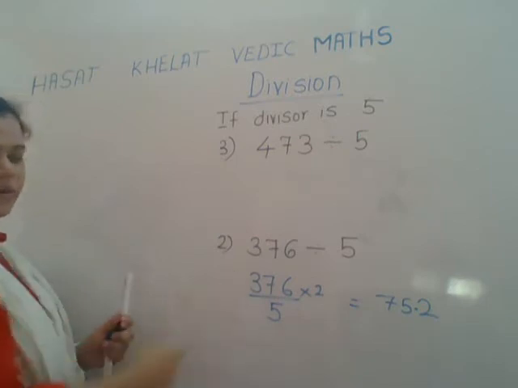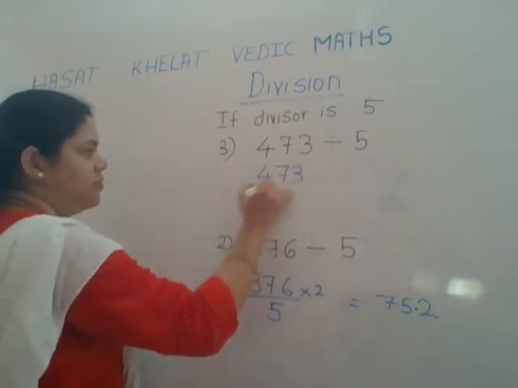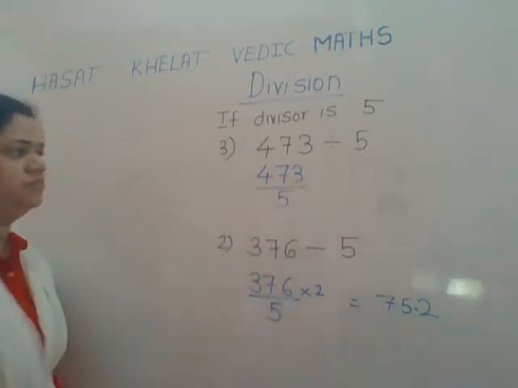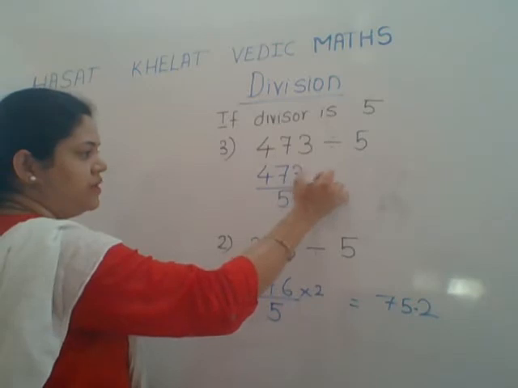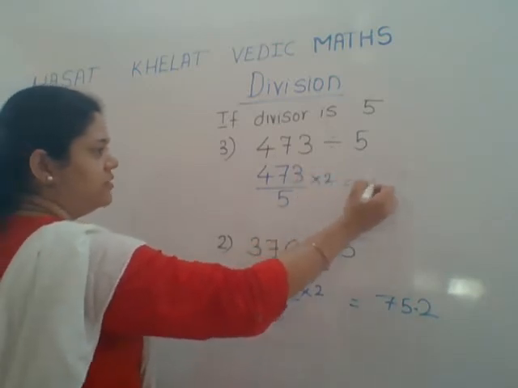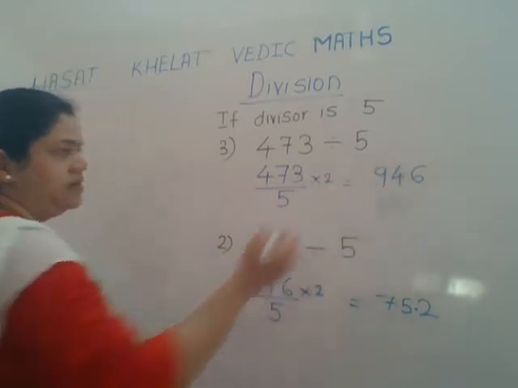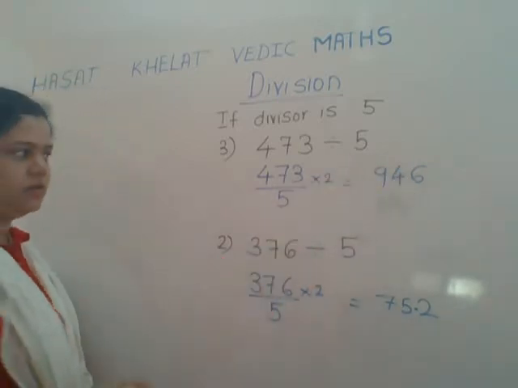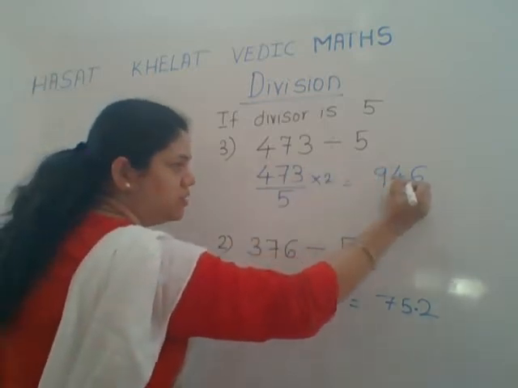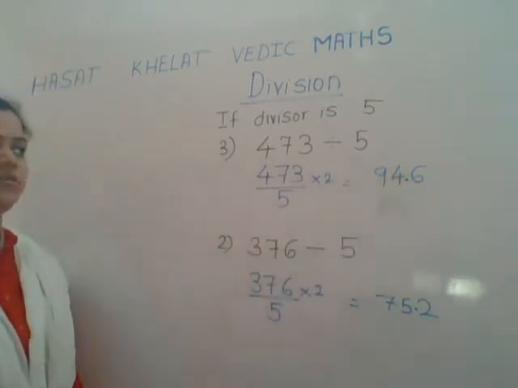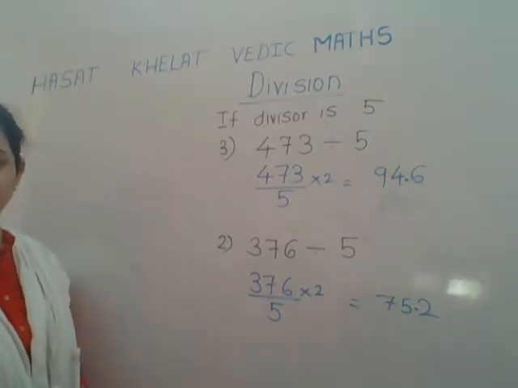To write it in fraction form: 473 upon 5. Multiply this number 473 by 2. What will you get? 946. One digit in the denominator, so I will put the decimal point after one digit from the right-hand side. Okay, this is the method.